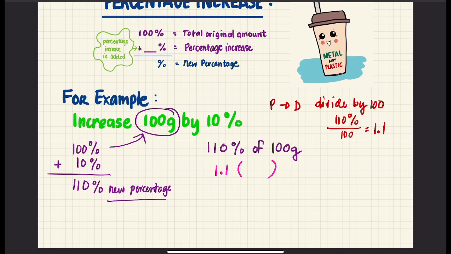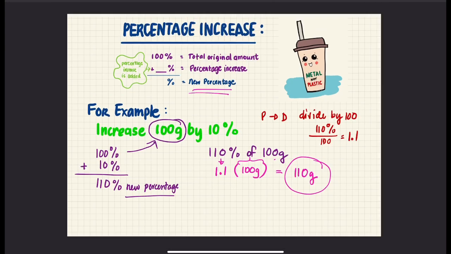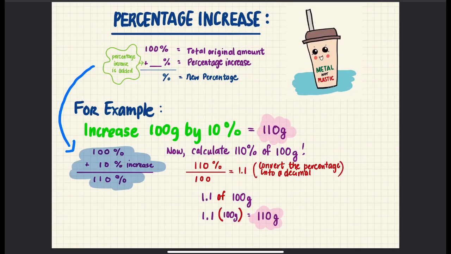So 1.1 of, so that's the brackets, 100 grams, the original quantity, will give you the new quantity, equals 110 grams. Okay, so that is one way of doing this. This is what you will see in the worksheet. It's the same thing.